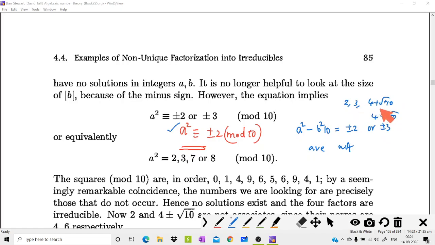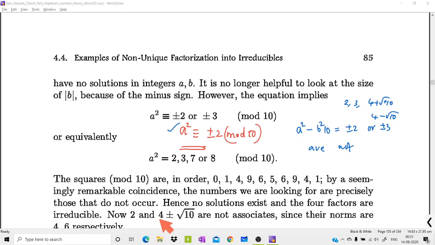The norm of 4 plus or minus root 10 and the norm of 2: obviously the norm of 2 is 4 and we can say that the norm of this number is 6. So 2 and these numbers can never be associated.